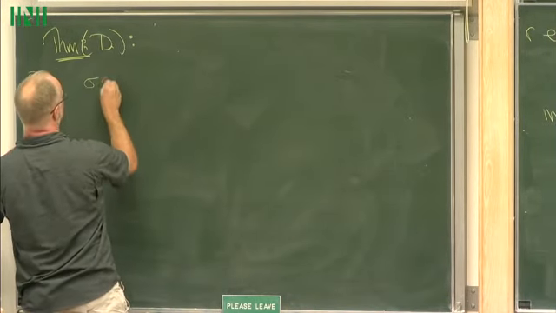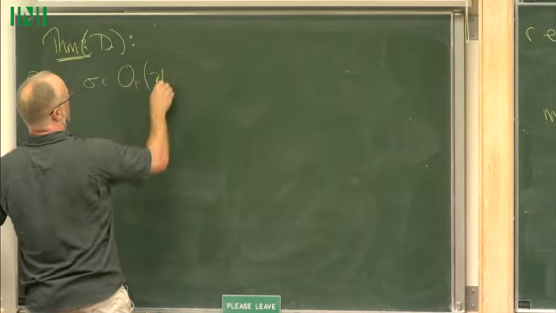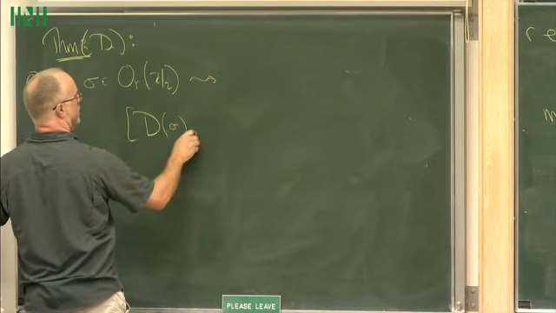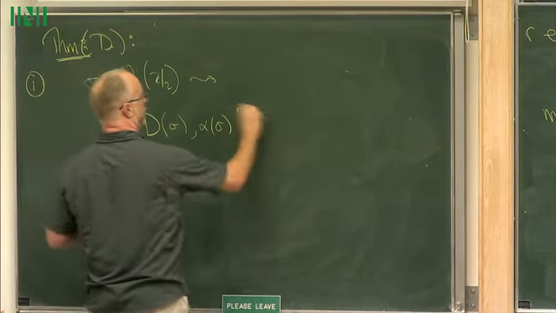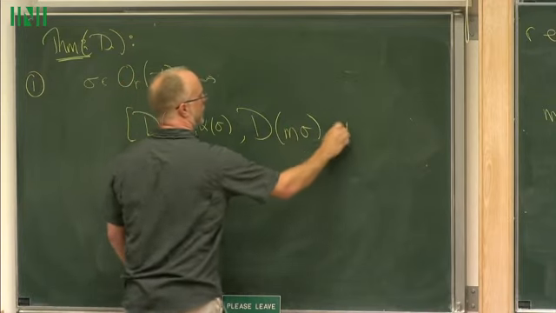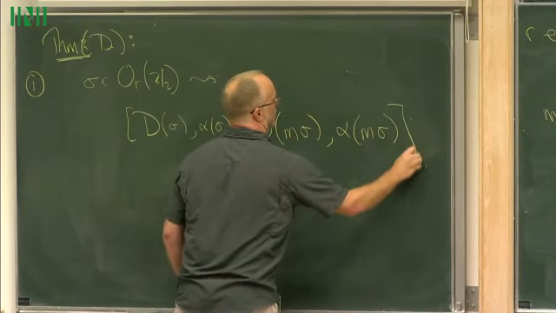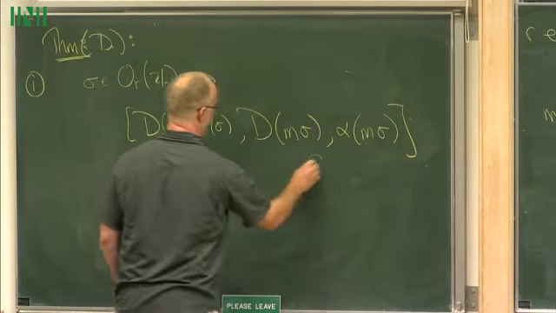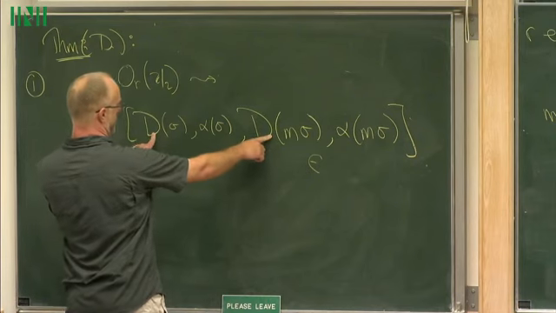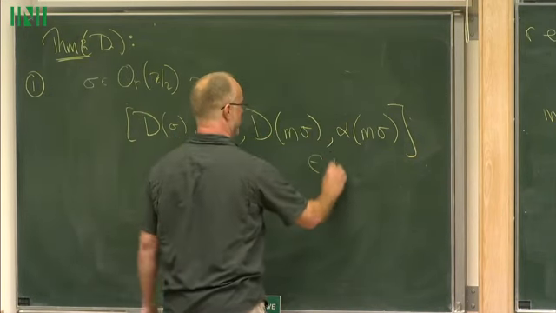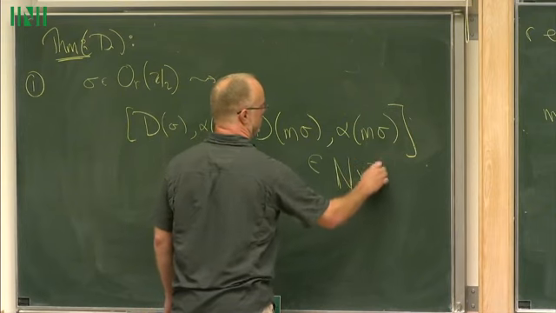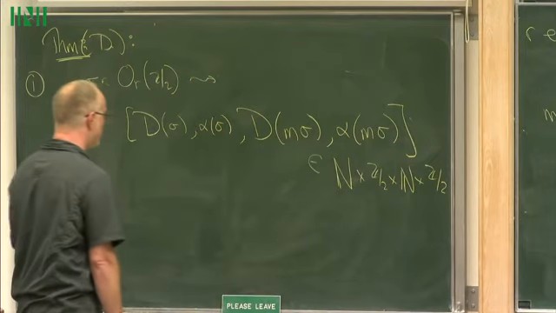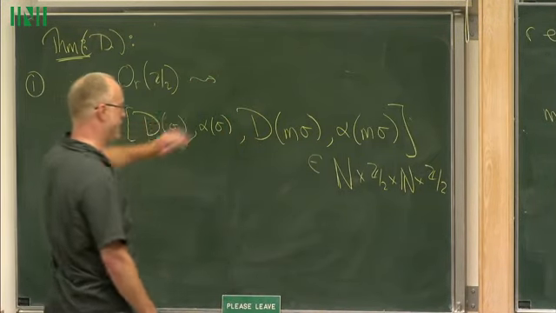Given one of these involutions in my orthogonal group, I can look at the Dixon invariant, the alpha invariant, the Dixon invariant of its mirror, and the alpha invariant of its mirror. Just to remind you, the Dixon invariants are integers, the alpha invariants are in Z mod 2. And this completely classifies conjugacy classes of involutions.